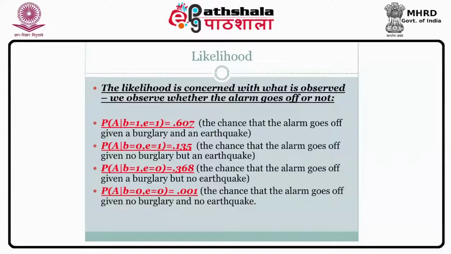The chance that the alarm goes off given no burglary but an earthquake occurs is 0.135. Similarly for the other two: when a burglary occurs but no earthquake, and when no burglary and no earthquake occur, still the alarm goes off. These are the chances. In the last case, no burglary and no earthquake, but the alarm still goes off, the chance is very little.